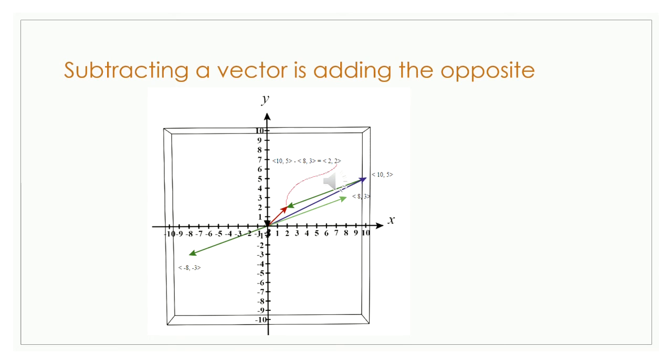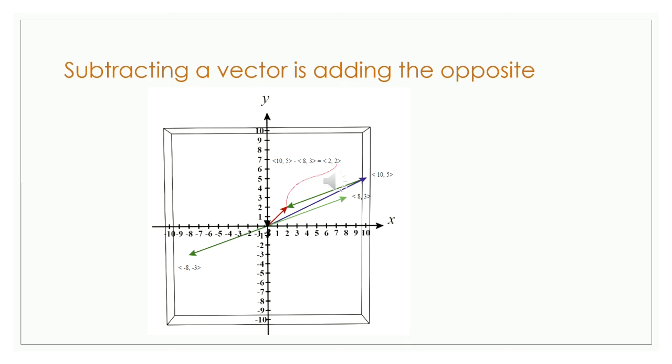In algebra class, we learned that subtracting is the same as adding the opposite. Same holds true in vector land. If I subtract a vector, it is equivalent to adding the opposite of the vector. So if I wanted to subtract the vector 8, 3 from the vector 10, 5, I could add -8, -3, and that would give me the same result.